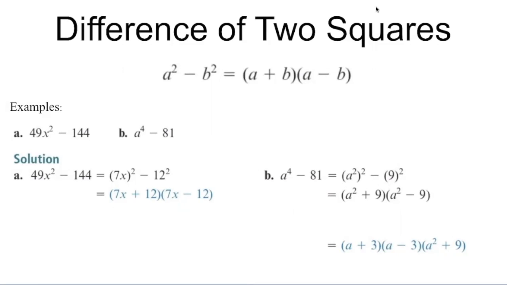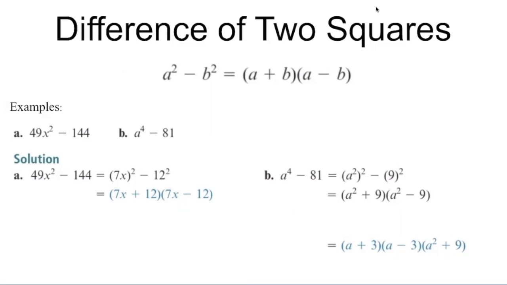And to factor those, you simply take the square root of the two values and then write them as two factors, the same roots of those factors separated by one addition and one subtraction.